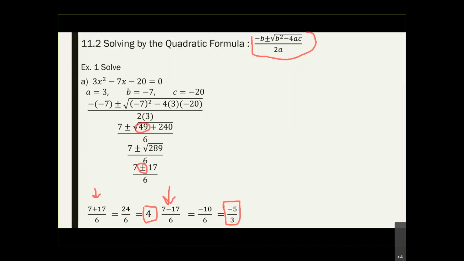No, 12 and 5. 12 times 5 will give you 60, and 12 minus 5 will give you 7. So that's what you have if you do the AC method, but now with this formula, we can do any problem.